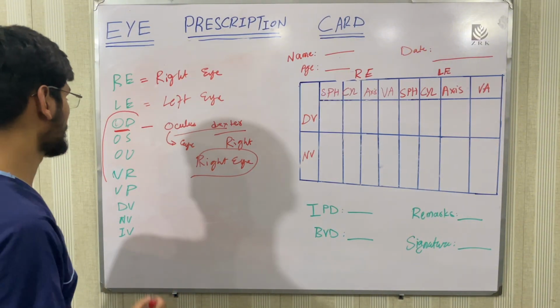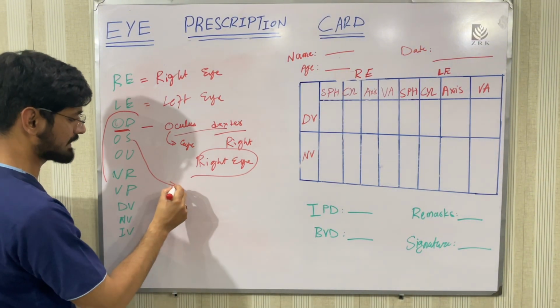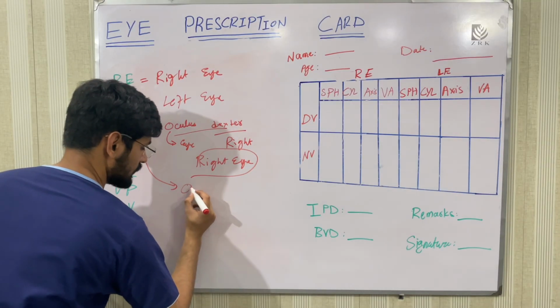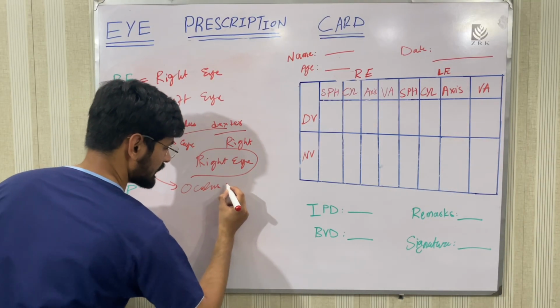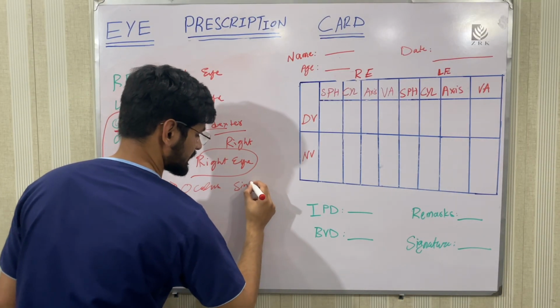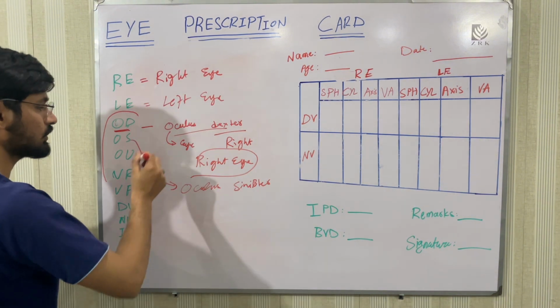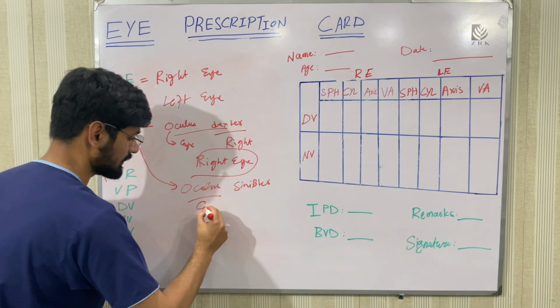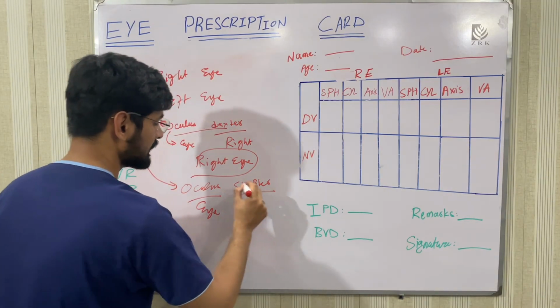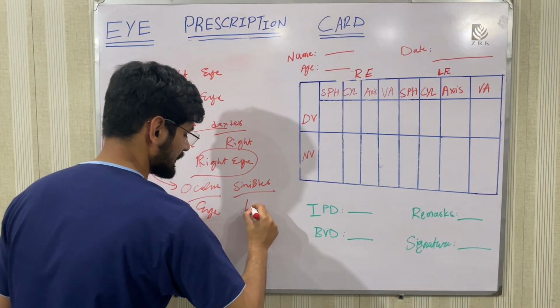Okay, the next word is OS. OS means oculus sinister. As we know, oculus means eye and sinister means left.